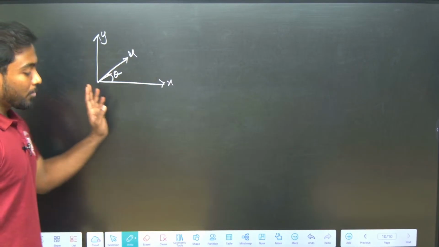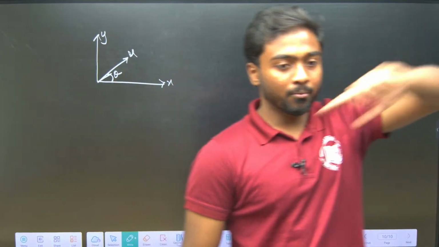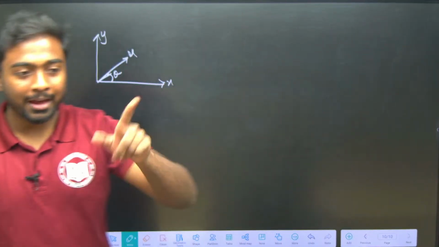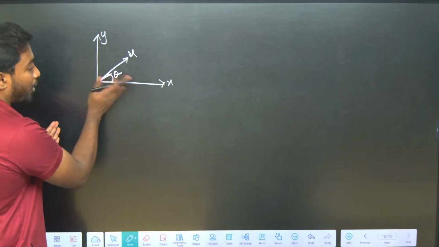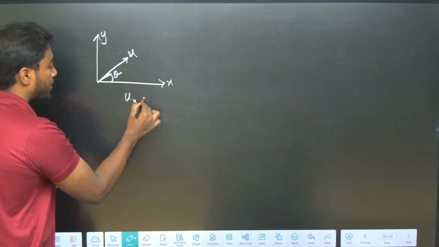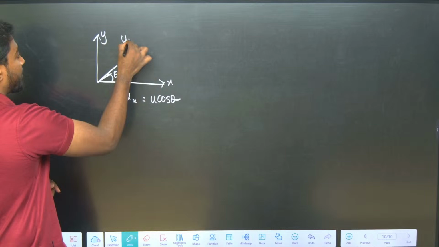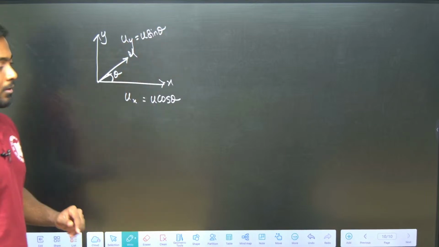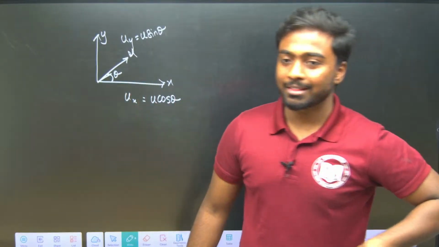If the velocity vector is near to the axis, this is cos theta; away from the axis, sin theta. So ux will be equal to u cos theta and uy will be equal to u sin theta.